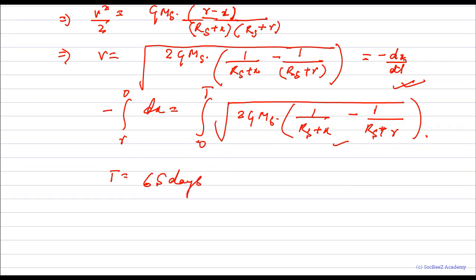I'm not solving this expression. I expect you to solve it. The answer is 65 days, provided the mass of the sun has been given as 1.97 into 10 to the power 30 kgs, the radius of the sun as 6.95 into 10 to the power 8 meters, and the radius of the earth is known to us as 6400 kilometers.